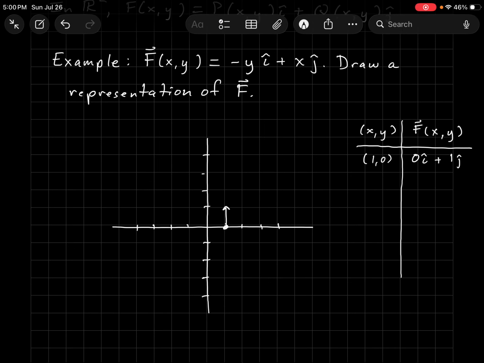Just like that. And if I was at the point, say, 3, 0, then negative y i, so 0 i again, plus x j will give me 0 plus 3 j. So at the point 3, 0, we would have the vector 0, 3.